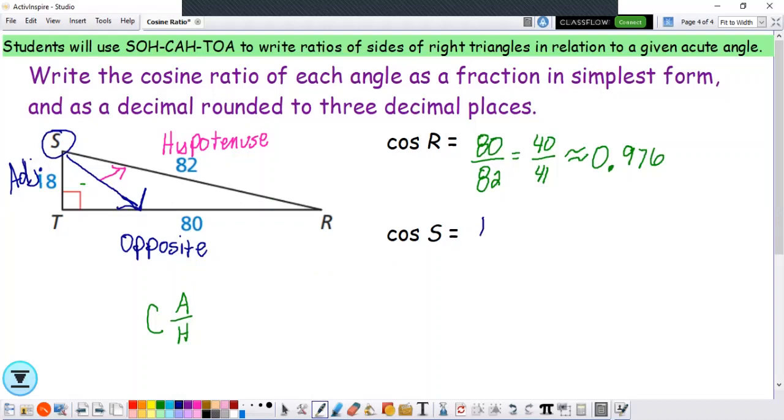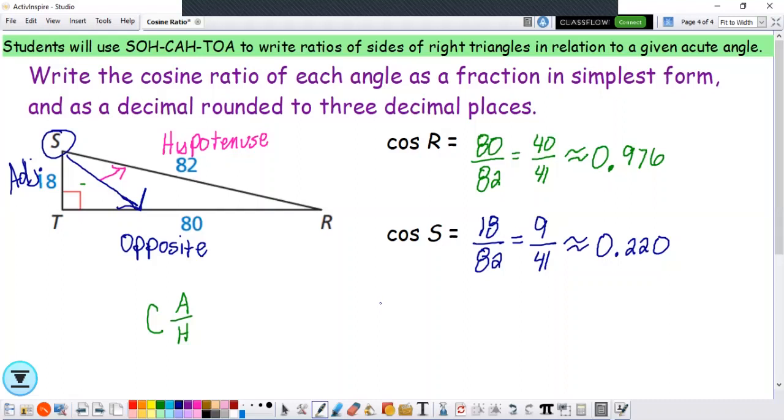So the adjacent is 18, the hypotenuse is 82. Both numbers can be divided by 2. So we have 9 over 41 as our simplified fraction. And as a decimal, this ends up being something like 0.2196, I believe. So when we round it, it has to be rounded as 0.220.